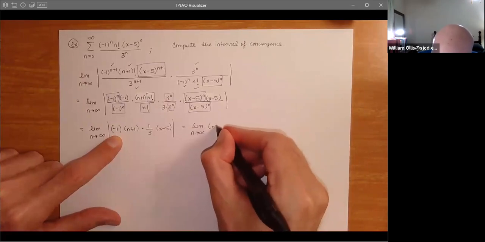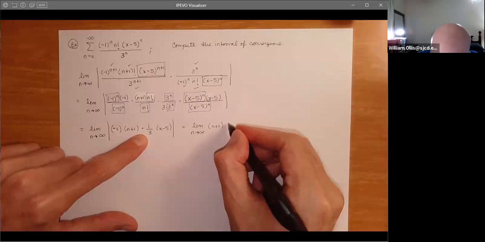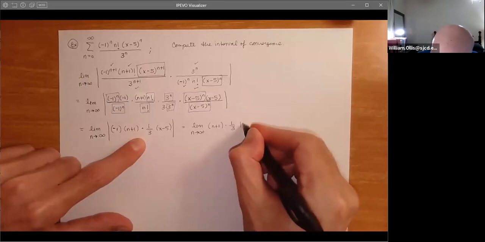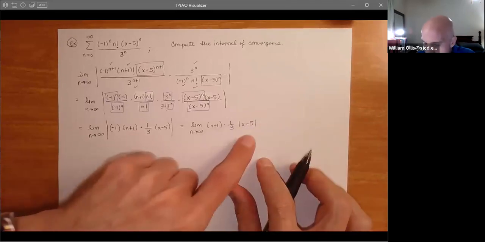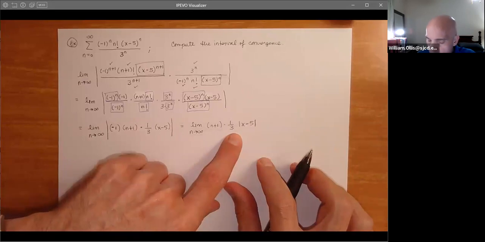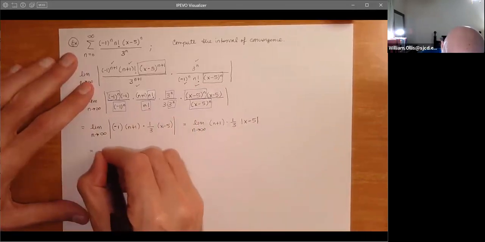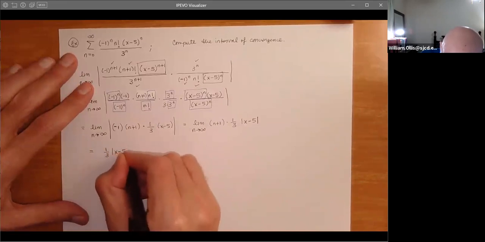And we just get n plus 1, times 1/3, and then the absolute value of x minus 5. Now, of course, the x minus 5 and the 1/3 are clearly independent of n, so they can be factored out. So we have 1/3 times the absolute value of x minus 5.